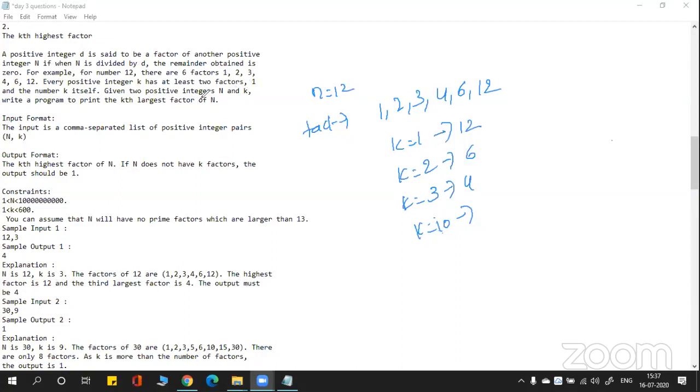Every positive integer k has at least two factors, one and the number k itself. Given a positive integer k, write a program to print the kth largest factor. If n does not have k factors, then output should be 1.